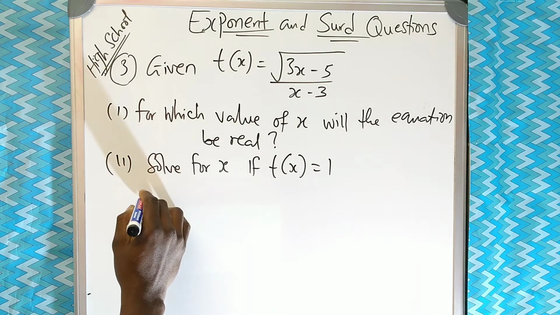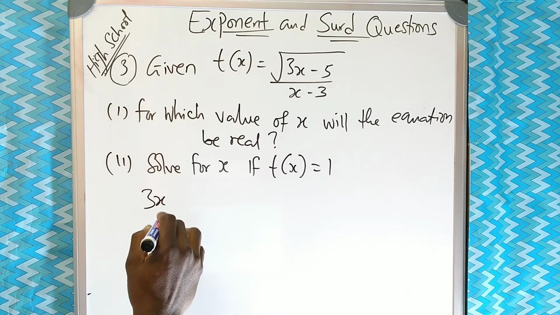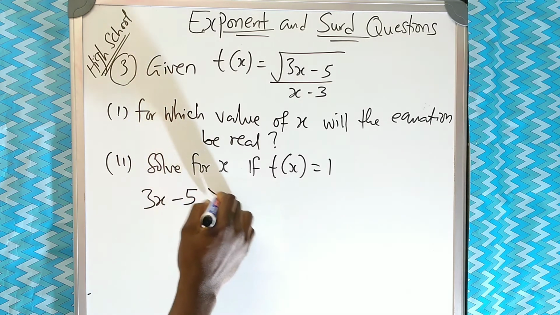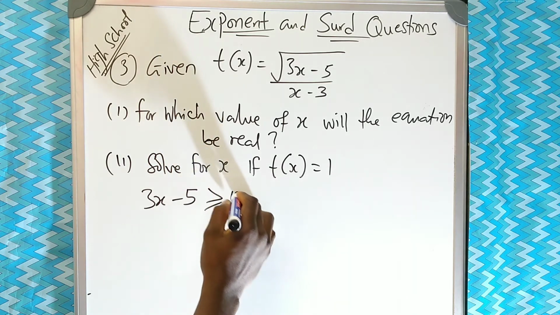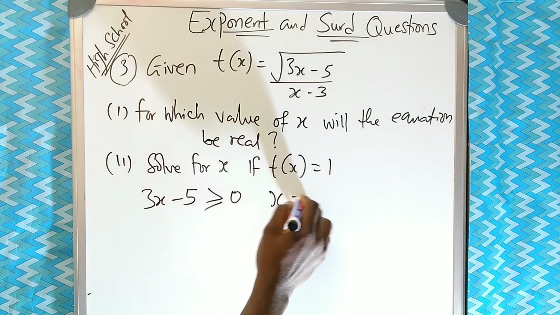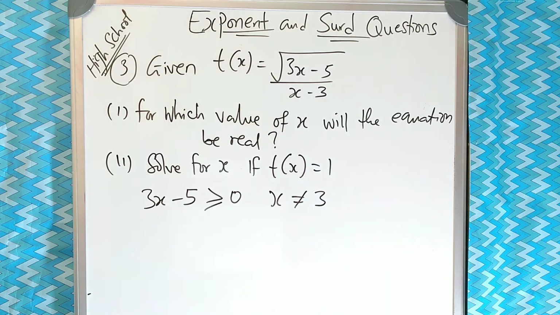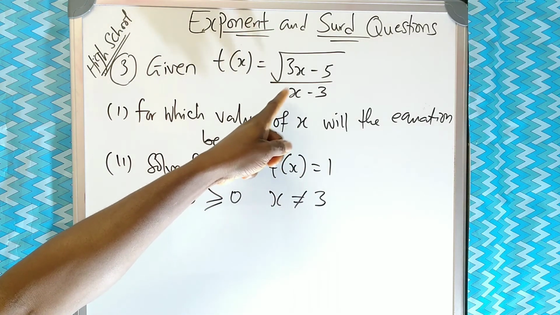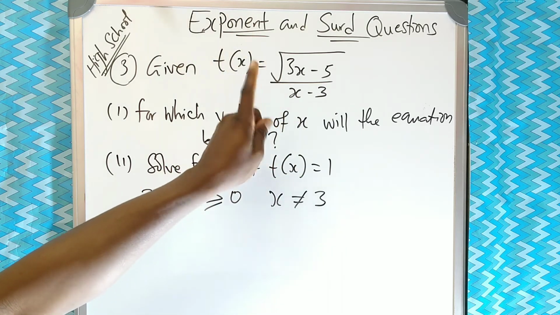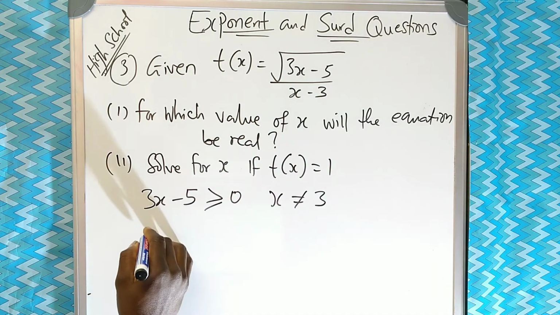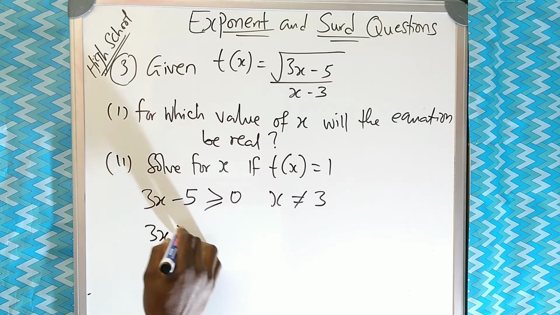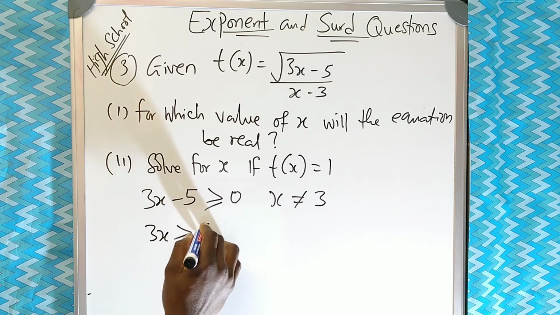The truth remains that 3x minus 5 is greater than or equal to 0, but provided x is not equal to 3. Once x is 3, the denominator becomes 0, so it becomes an unreal number. We can solve this further to say 3x is greater than or equal to 5.